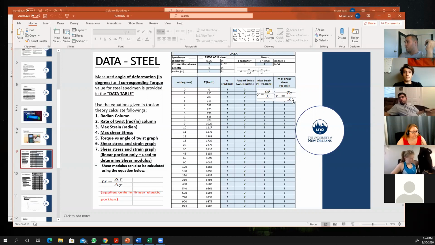Then you're going to calculate the maximum stress using this equation, TC: torque, this value, multiplied by the radius C, divided by the polar moment of inertia. And this is the equation for you to calculate the polar moment of inertia. I can do some sample calculation on the spreadsheet that is on Moodle right here.